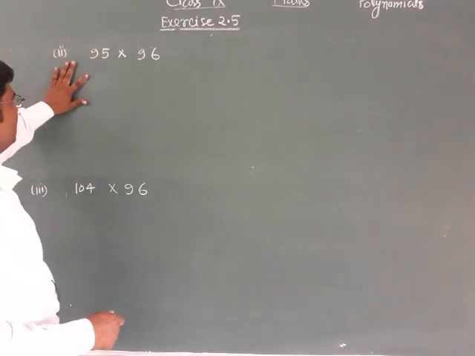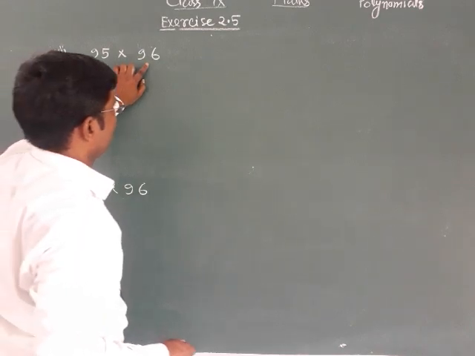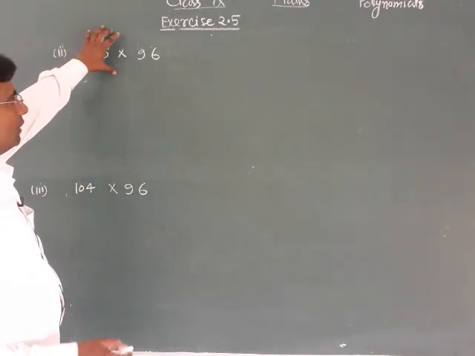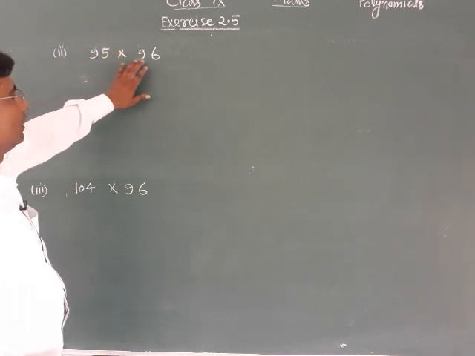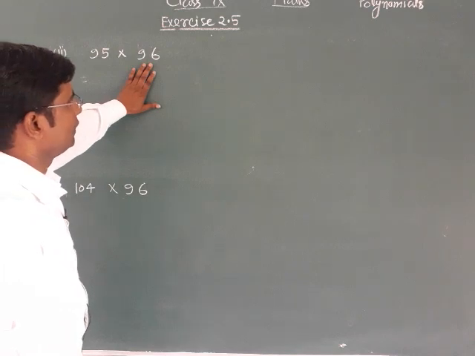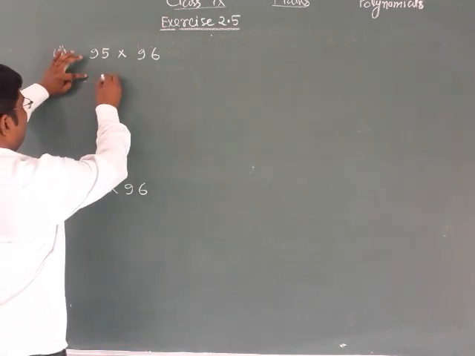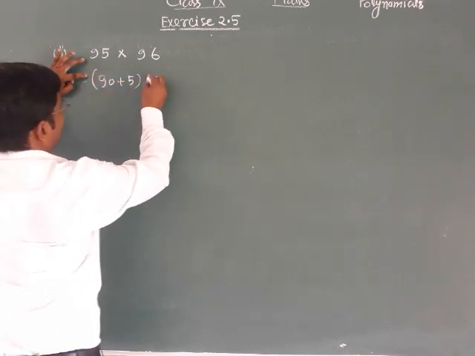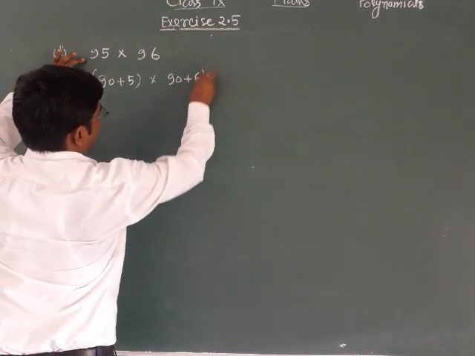Second part, given 95 into 96. Without multiplying directly, we find the value of 95 into 96. So use the identity. Split it up into two parts: 90 plus 5 and also 90 plus 6.